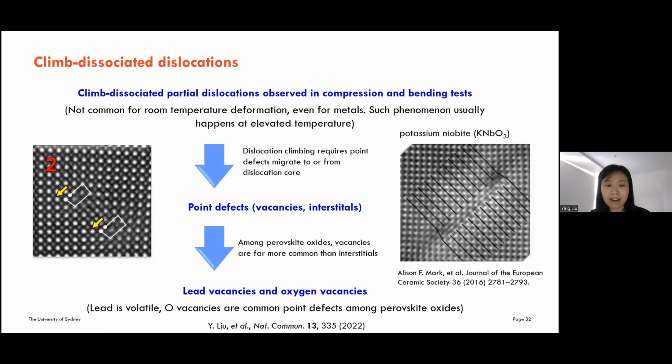For point defects, it is more common to be vacancies and interstitials. But among perovskite oxides, vacancies are far more common than interstitials. So it is suggested that there are quite a lot of lead vacancies or oxygen vacancies.